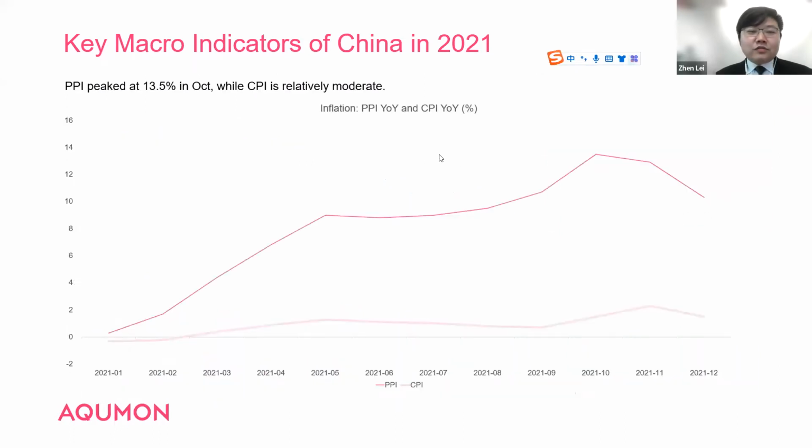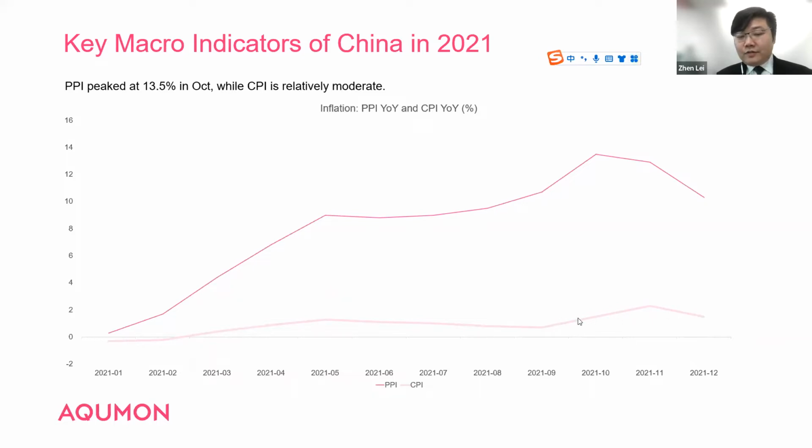And now let's look at the inflation part of China. For China, the inflation part can be complex because we can see that China is experiencing actually a low inflation from the consumption side or the demand side.